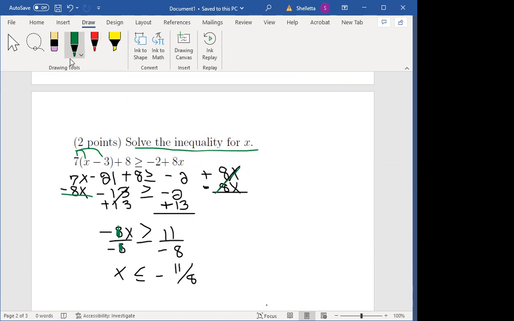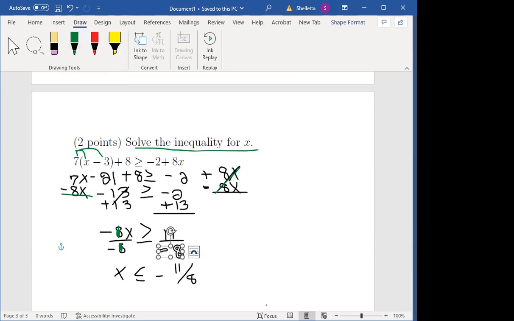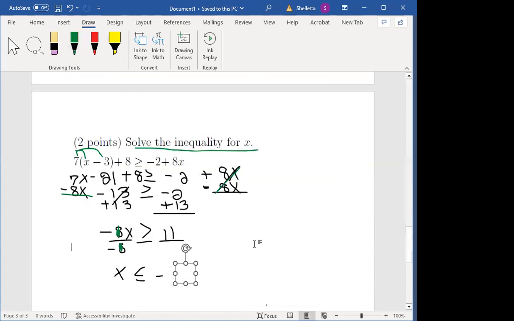I see we have one error that we need to correct here. So 7x minus 8x gives us negative 1x.